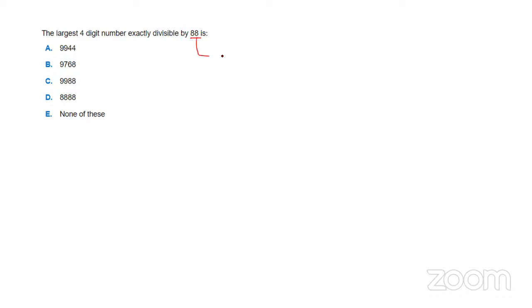If you prime factorize 88, we can say that it's nothing but 8 into 11, or 2 cube into 11. Or I can write 88 as a product of 2 numbers which are co-prime, that means they don't have any common factors.